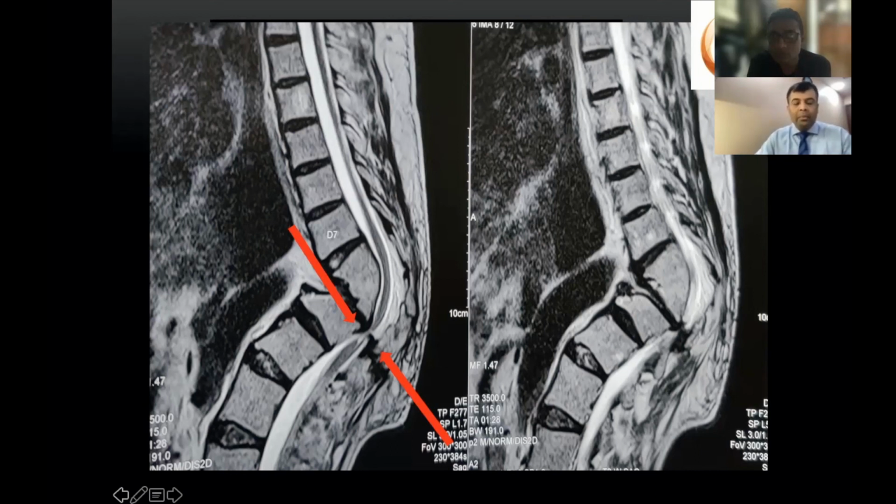At the same time, fusing only at lower levels or 1 level above and below was not an option because it was a fused mass above. We have to consider it as a long segment fixation, because otherwise it will fail. It will not remain like that, and contouring of the rod is also not possible. With so much deformity, putting 1 level screw above and below will not hold.